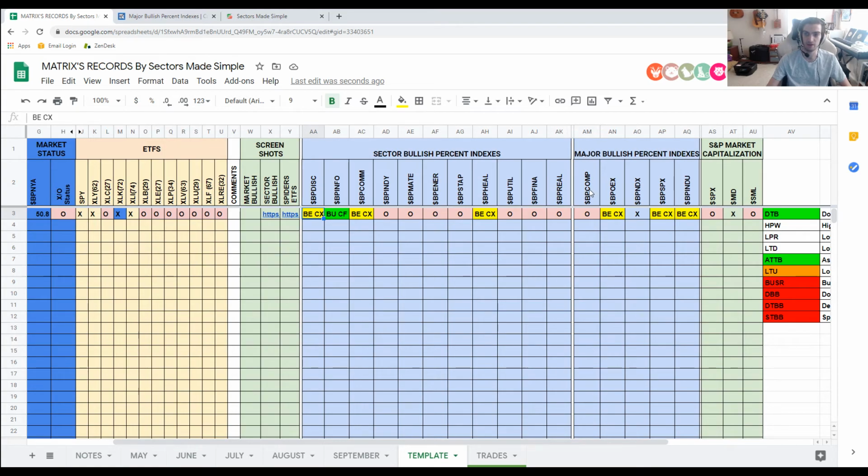So we take the NASDAQ, S&P 100, NASDAQ 100, S&P 500, and the Dow Jones. Lastly, we want to find the current column for our S&P 500 index, our S&P 400 mid-cap index, and our S&P 600 small-cap index.